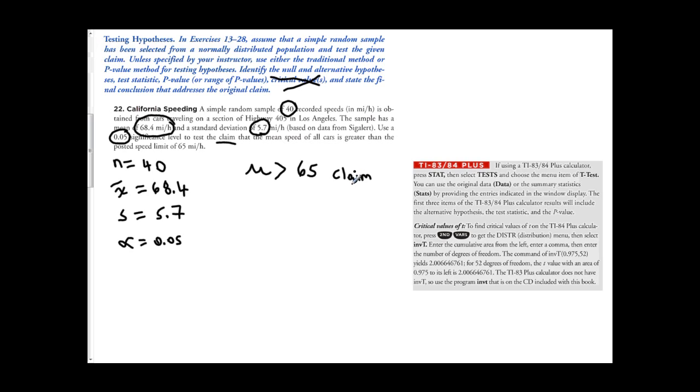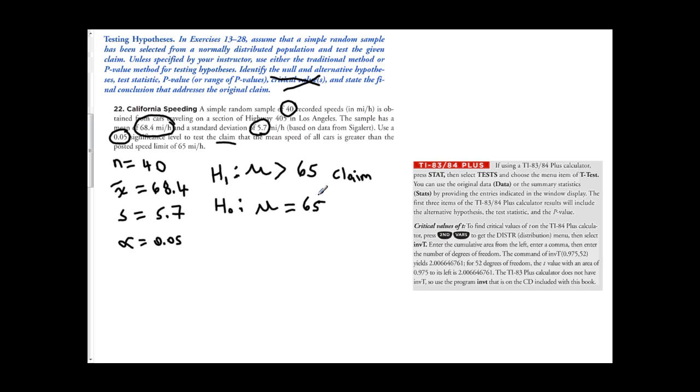Once we have the claim, the next step is to identify whether the claim is the null or alternative. In this case, since the claim does not contain equality, we know that this claim is the alternative hypothesis. And the null hypothesis is always the hypothesis that the parameter is equal to whatever the hypothesized number is.